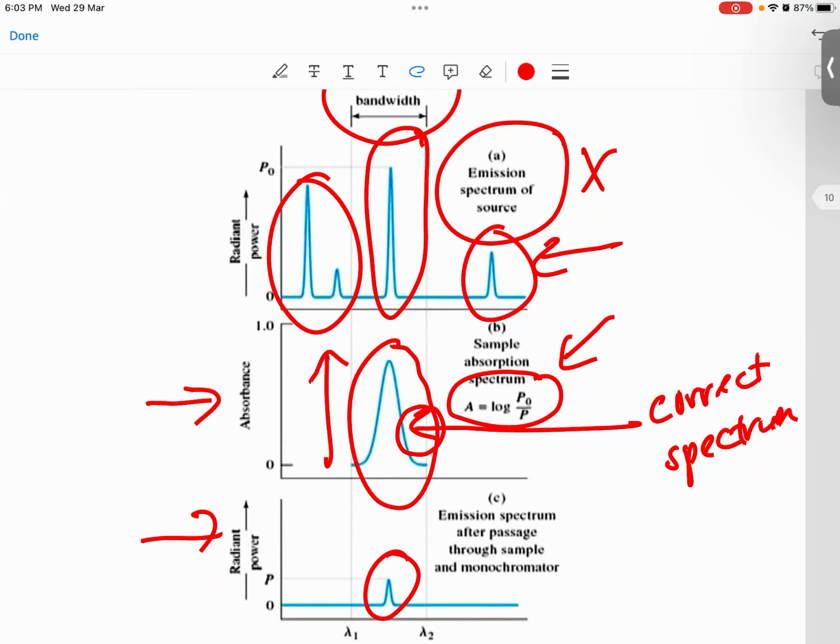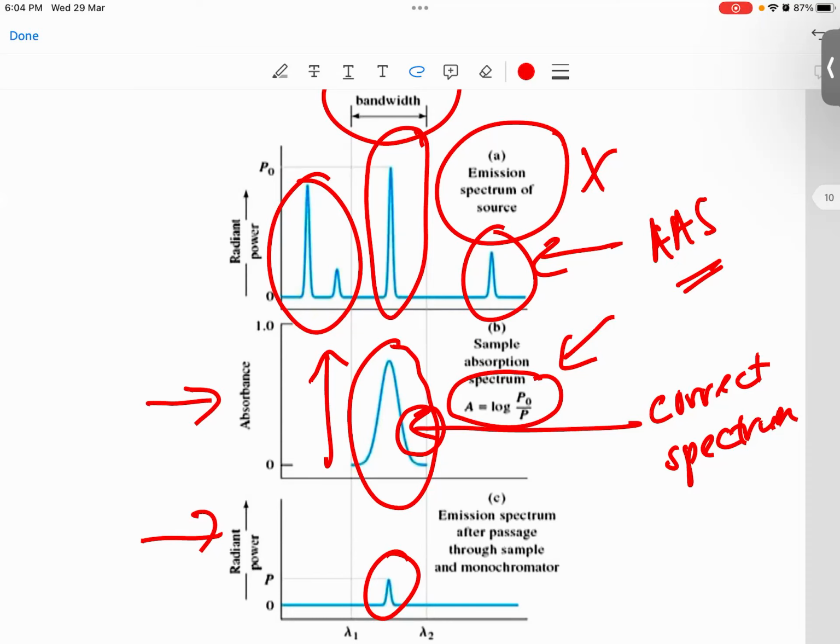Because AAS depends on absorption, it is suitable mostly for single element analysis. If you have a mixture in one sample, you have difficulty identifying different or multiple elements in a single sample.